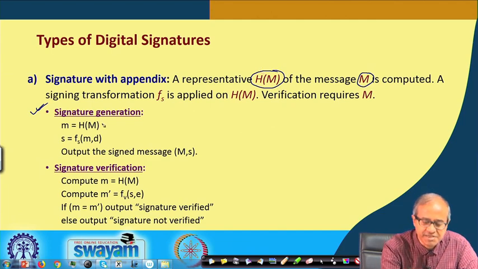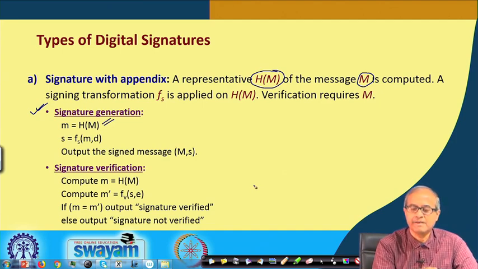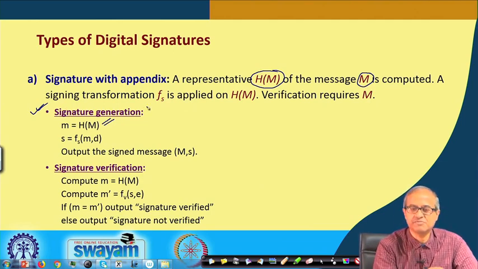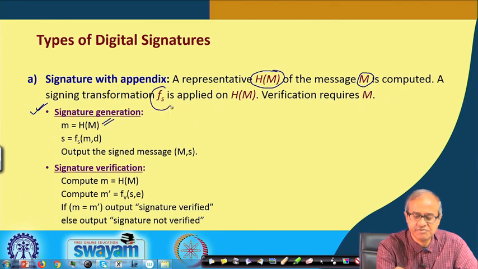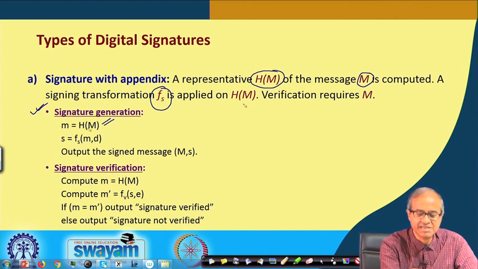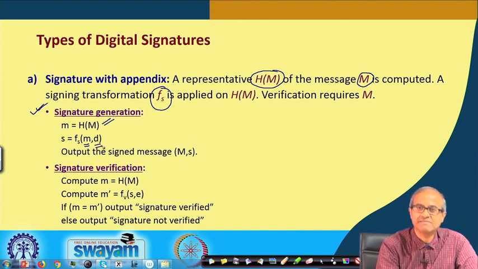So, in the first step you see here, we say small m equals h of capital M. We generate the hash value of the message and generate a hash digest small m. Then we sign on that hash value. A signing transformation Fs is applied on this small m. So, on this small m, I do my signature using my private key.